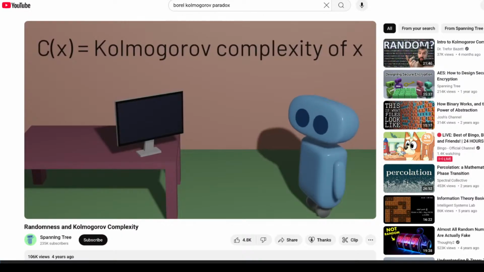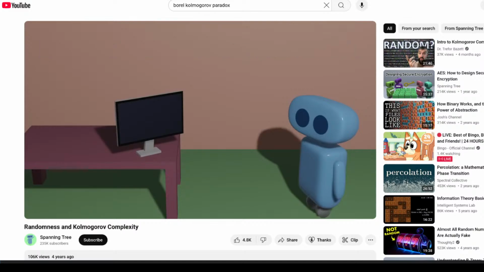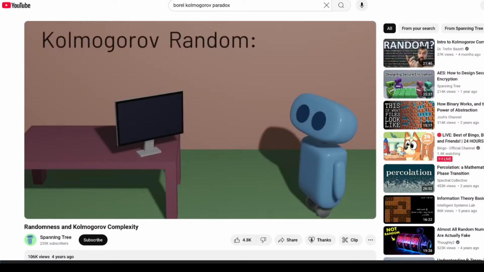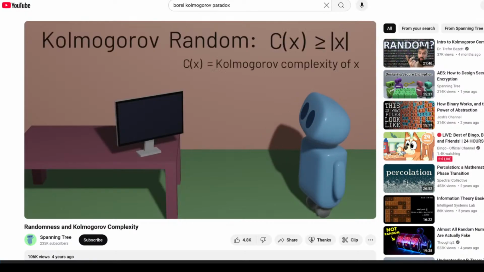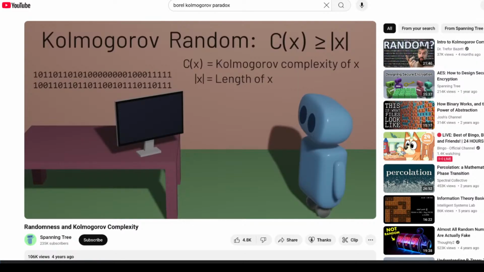And using this idea, we can come up with our own definition for what it means for a sequence to be random. A sequence is considered to be random, or more precisely, considered to be Kolmogorov random, if its Kolmogorov complexity is at least as long as the sequence itself. In other words, if we can't come up with a shorter description of the sequence than the sequence itself, then we can call that sequence Kolmogorov random.